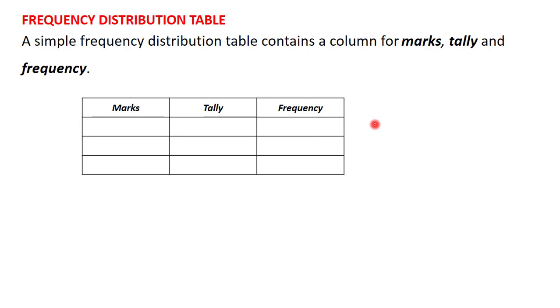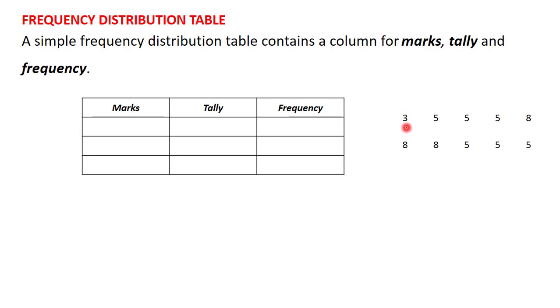In order for us to understand how to present statistical data in a table like this, let's consider this simple example. Let's assume that these are the ages of 10 children found in a hospital's children's ward.